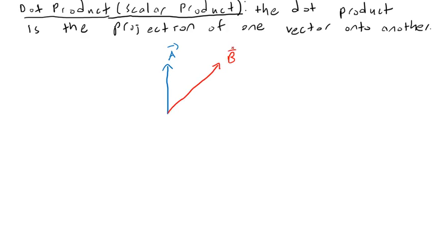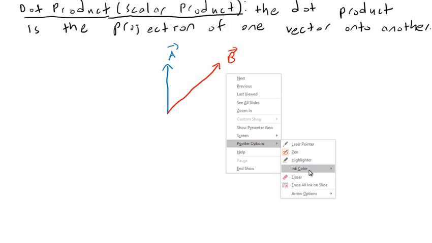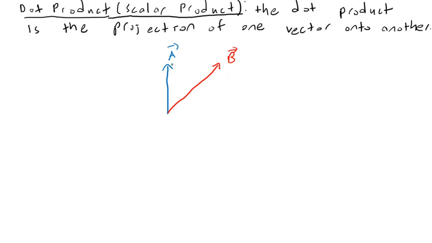And vector B. Well, if I project this one down to here, this length here would be A dot B. So that is one way to interpret a dot product graphically.